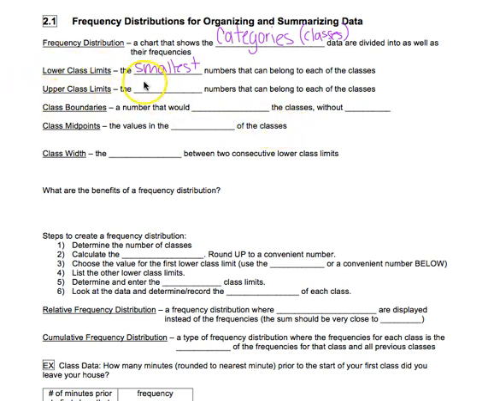The upper class limit, as you might imagine, are the largest numbers that can belong to each of the classes. Class boundaries are a number that would separate the classes without gaps. Usually, class boundaries are going to be decimals.